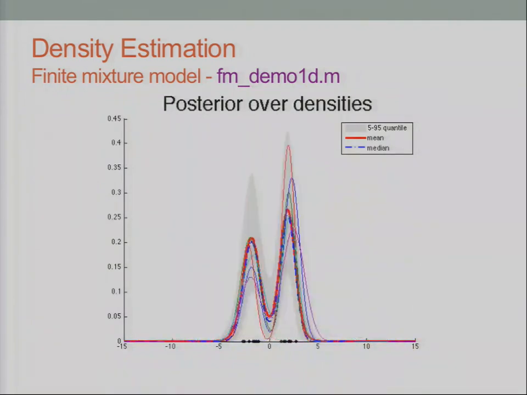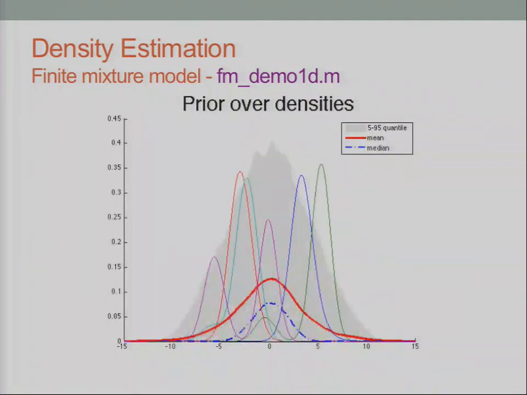So if we observe data points that are shown by these black dots here, and we fit this two-component finite mixture model, we see that we get these nice two peaks around where the data lies, and the uncertainty of where the probability mass should lie decreases.